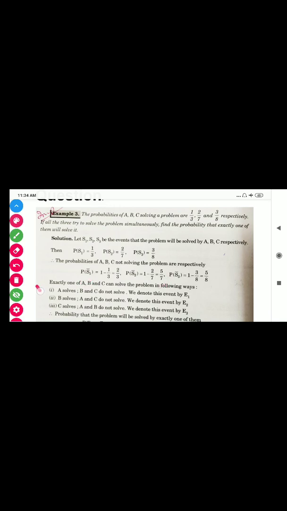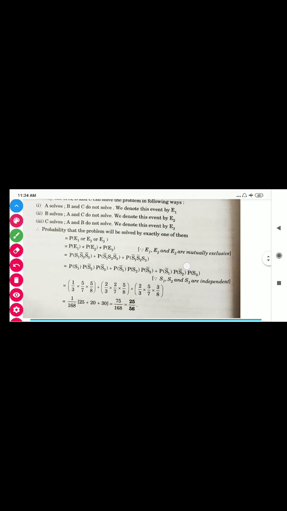Now, exactly one of A, B, C can solve the problem in the following ways. That means A solves, then B and C don't solve. Second case is B solves and A and C don't solve. Similarly, C solves, A and B don't solve the problem.